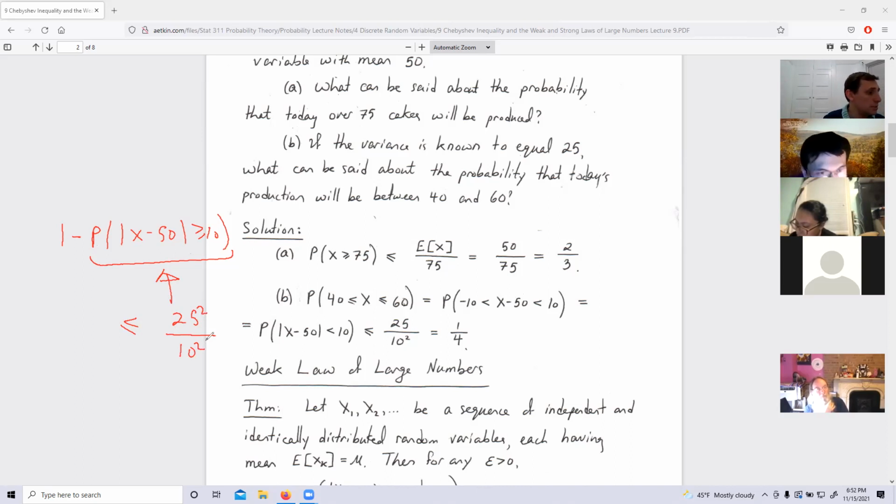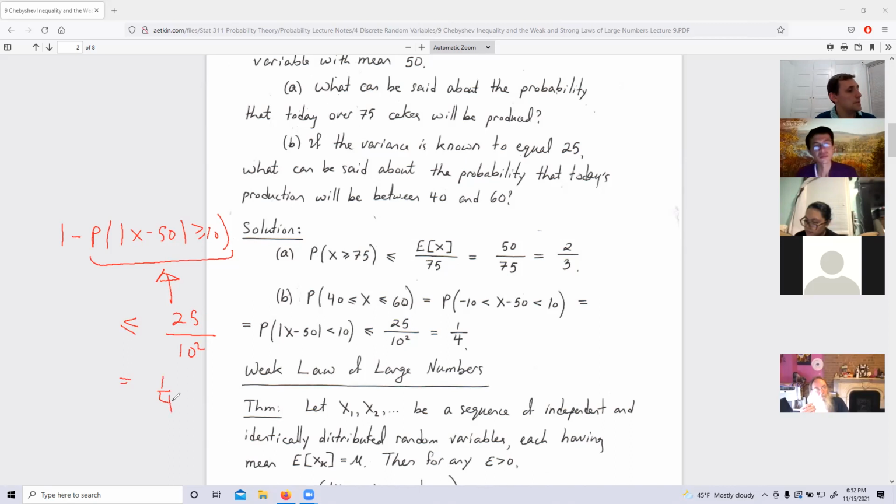I don't need to square 25, just 25. The variance is 25, not the standard deviation. So this number is less than 25 over 10 squared, and that is equal to 1/4.